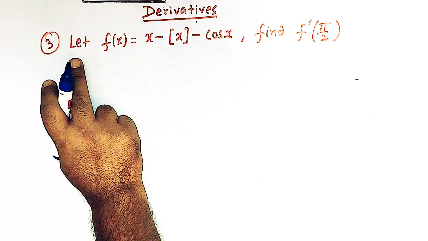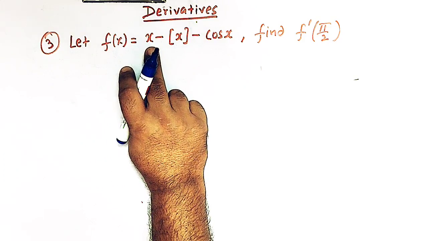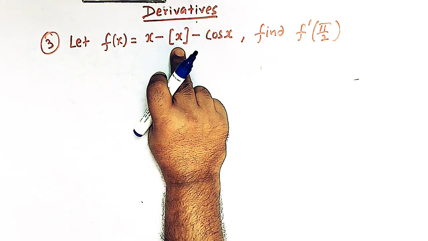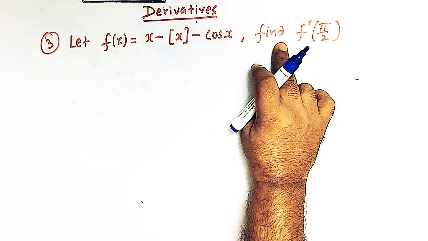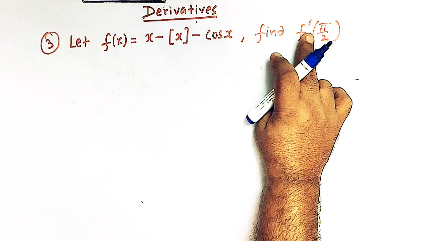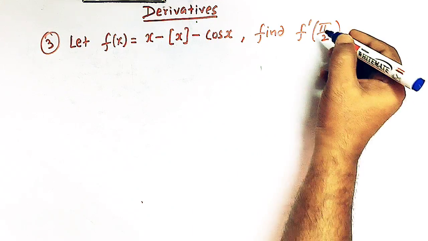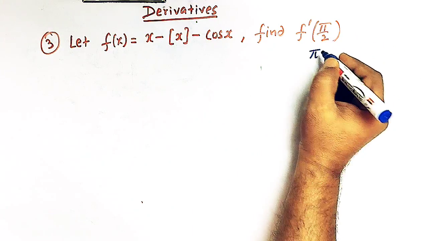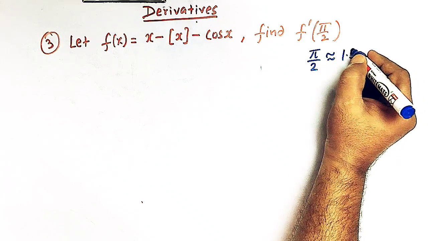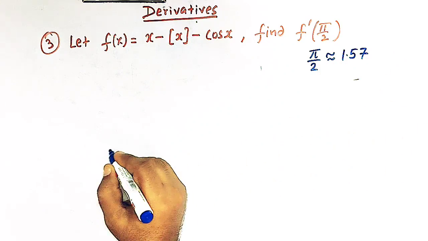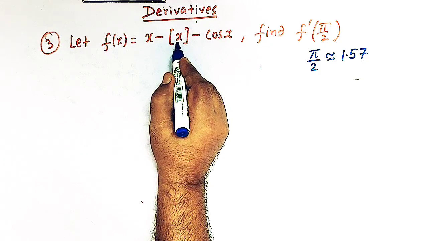So now consider this problem where we are given a function f of x that is equal to x minus greatest integer of x minus cosine x, and we have to find the value of f prime of pi by 2, right? Now see, the approximate value of pi by 2 is given by 1.57, right? And here we have greatest integer of x, right?